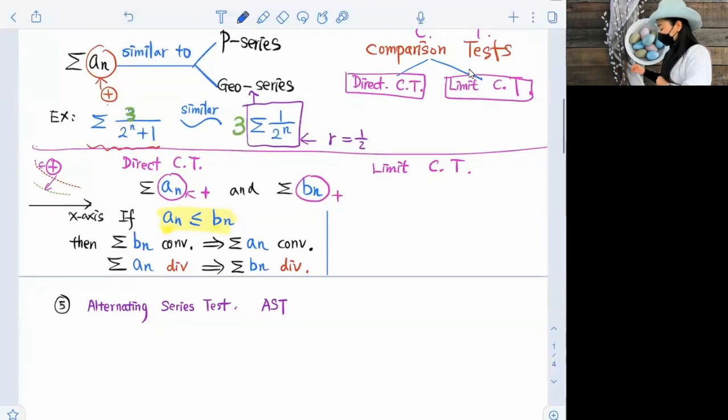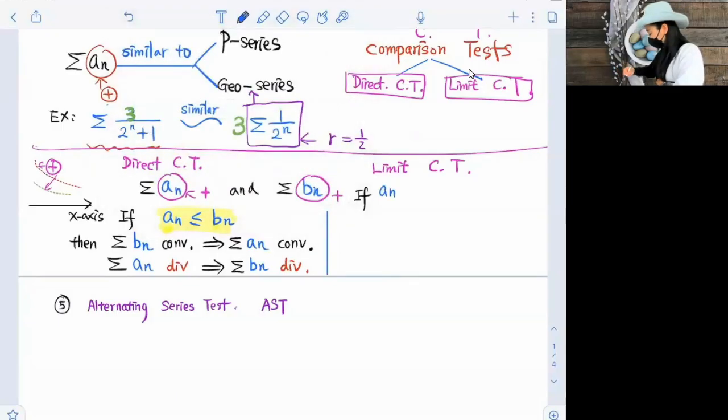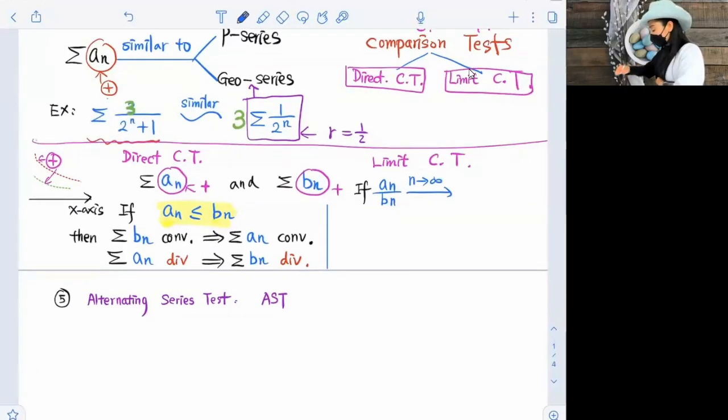What about the limit comparison test? How does it work? You look at the limit of what? An over Bn. Take the limit of this as n goes to infinity. If it's equal to a positive finite number, for example, it goes to 2, which means in the long run, an is about twice Bn.